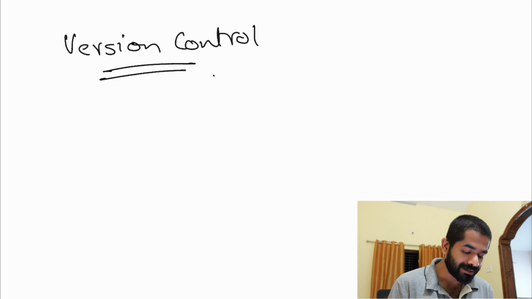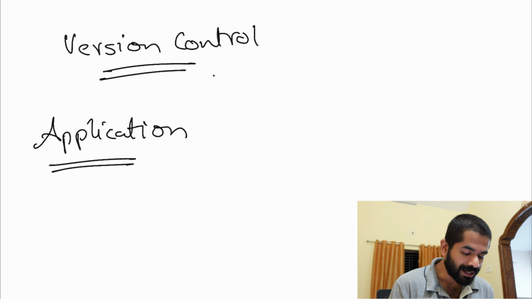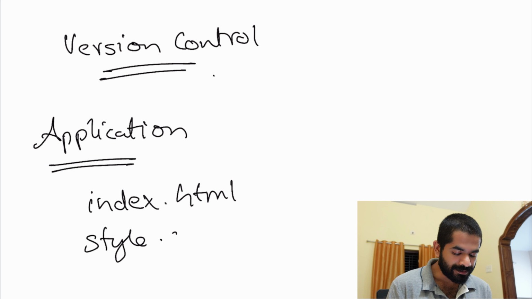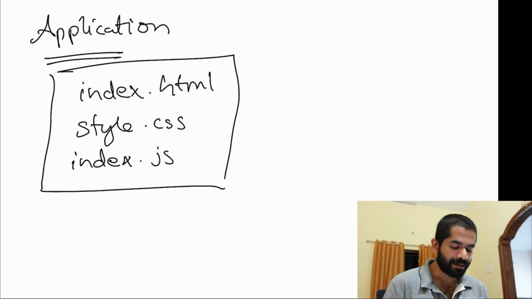Now let's assume that we have an application. This application is a front-end application. So let's assume it's got an index.html, let's say a style.css file and an index.js file. These three files are present in this application. Let's assume there's no version control, there's no concept of it.